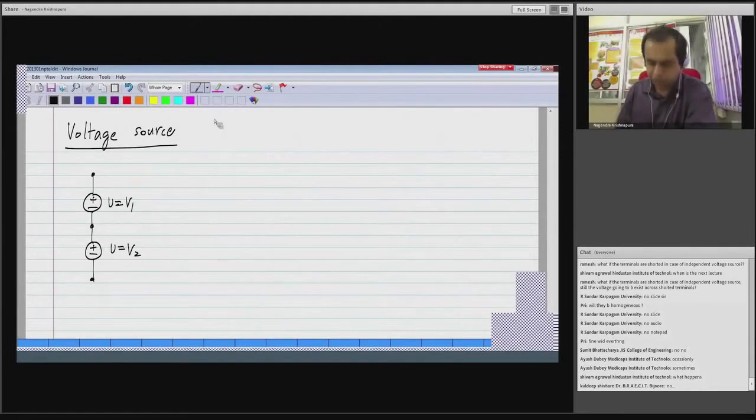And we connect them in series. That is, this node is the common node for one terminal of each element. And what I want to find out is what does this entire thing look like from these two terminals.